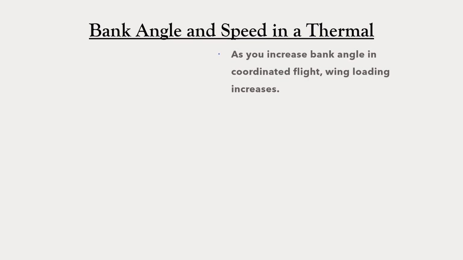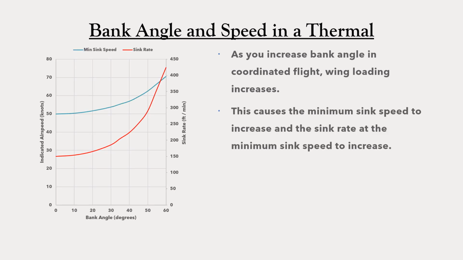Okay, so we have to decide what bank angle we're going to fly when we're circling in the thermal and what speed to fly. Some things to know: when you increase your bank angle in coordinated flight, which you should be when you're circling in a thermal, your wing loading increases compared to level or straight flight.